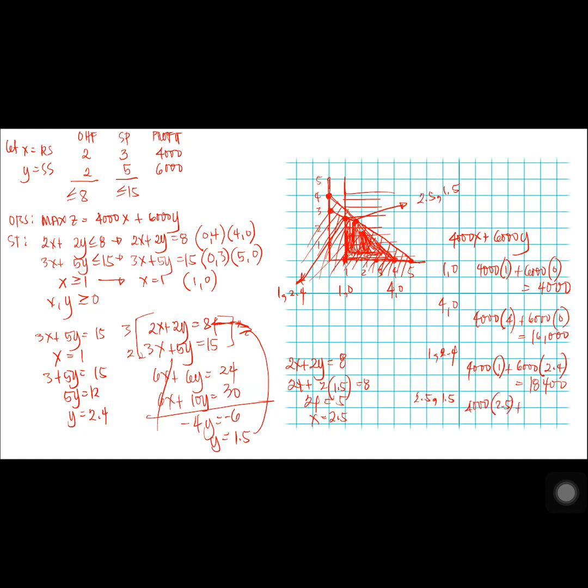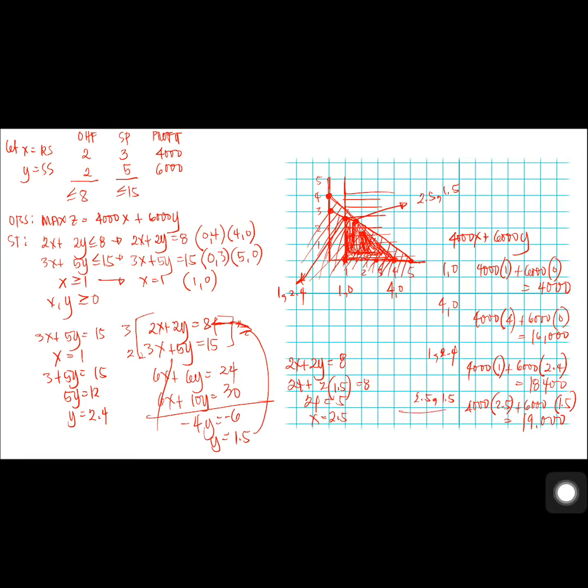And the last one, we have 2.5 and 1.5. So we have 4,000 times 2.5 plus 6,000 times 1.5, and that's equal to 19,000.